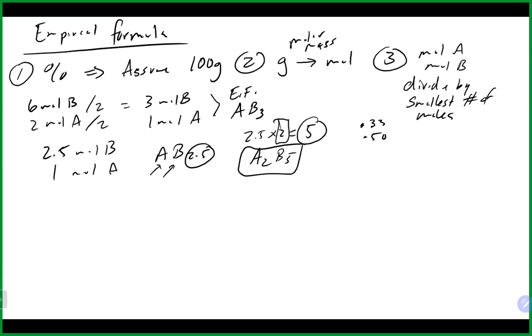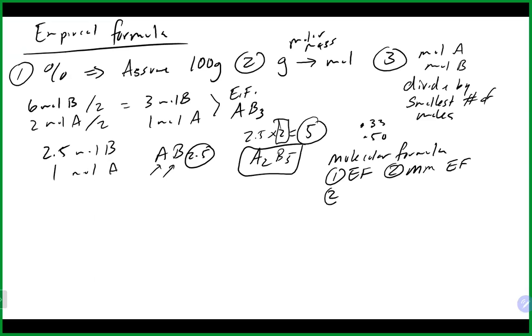Now, once you've got your empirical formula, if you want the molecular formula, you basically need 3 things. You need the empirical formula, which may be given to you or you have to calculate. You need the molar mass of your empirical formula, which you would probably have to calculate.